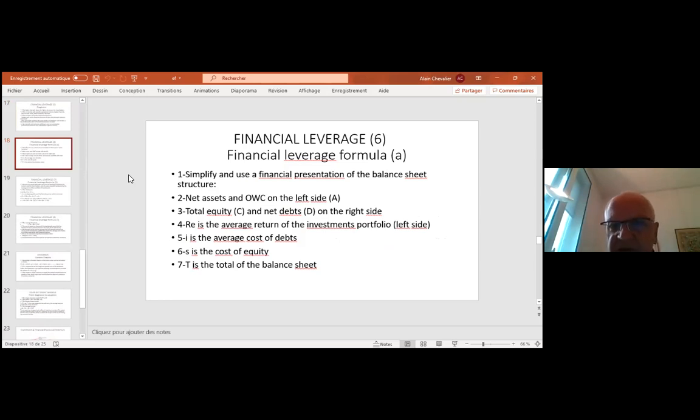And after that, the leverage formula will reintegrate all the other formulas we already heard of on valuation and get a first limited set of formula of valuation and of calculation also of the cost of equity. That's what we will do in a few minutes.